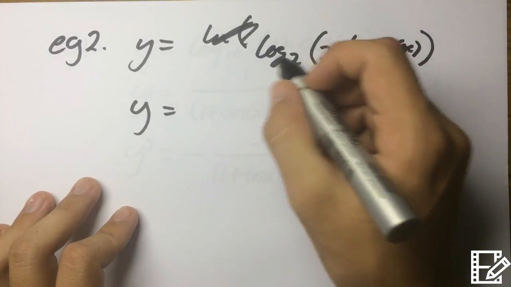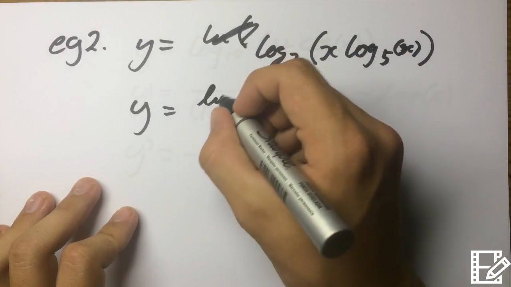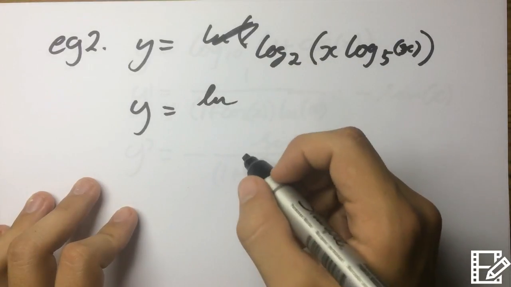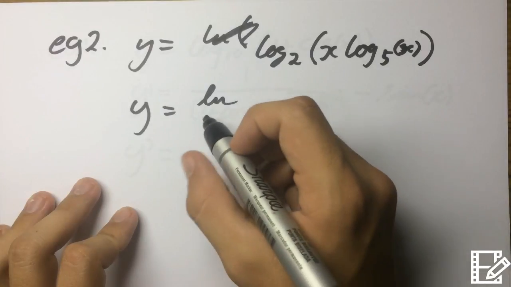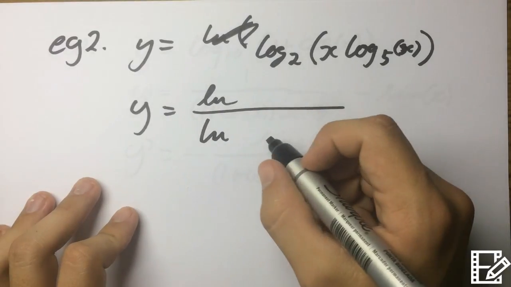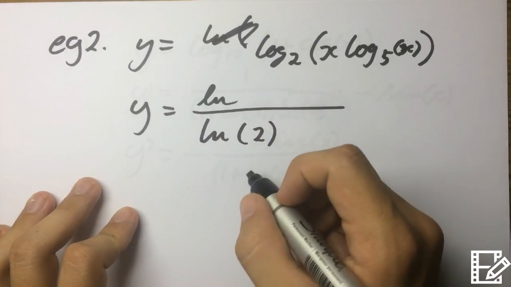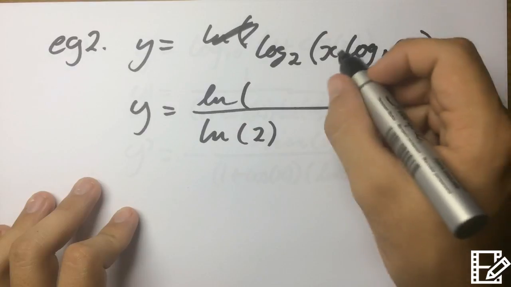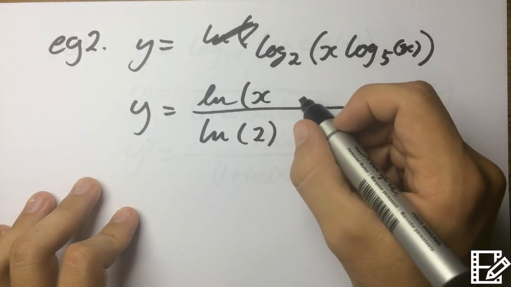So the outside, we use the change of base rule, so we'll have the same base. In this case, it's log to the base of e, which is the natural log. So the top will be the natural log and the bottom will be the natural log. On the bottom, we'll have the natural log of the base, and on the top, the natural log of whatever's inside, which is x.